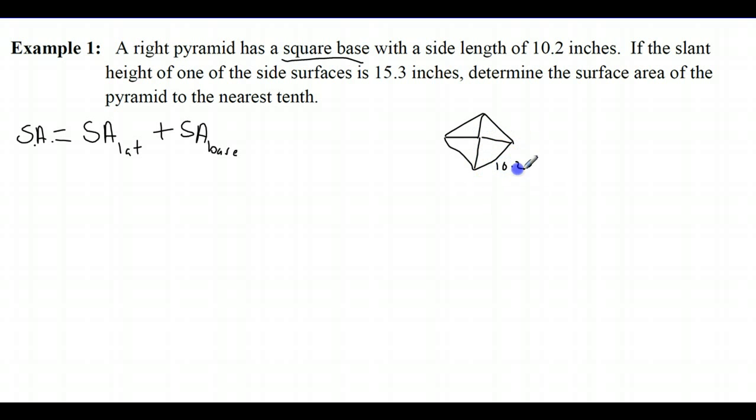And we know this is 10.2. This is the slant height here, so it's 15.3. So the lateral surface area, there are 4 triangles. The area of the triangle is 1/2 base times height. And the surface area of the base is b squared. And in this case, the base, that's b, and we'll call that, actually, you know what, let's not call that h.